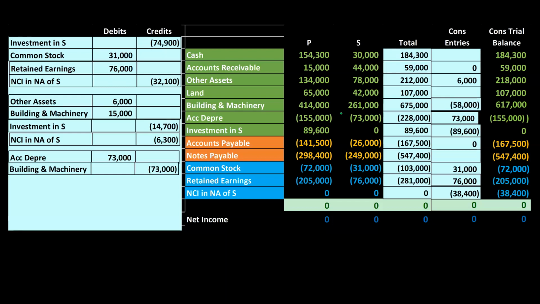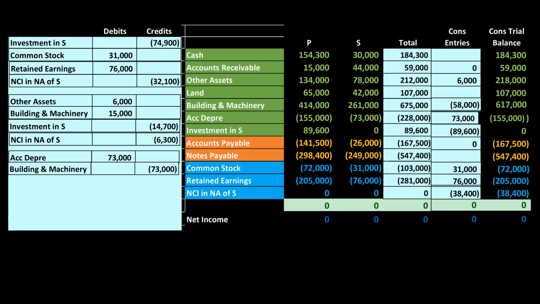And then we have that intercompany transaction between the receivables and the payables. In other words, we're saying that P, if you looked into the receivable subsidiary ledgers by customer, reflects a payable that's owed to them from S. And if you look at S's payable subsidiary ledger broken out by vendor, it shows that they owe P. So now that means that the receivables and the payables are overstated when we do our consolidation.